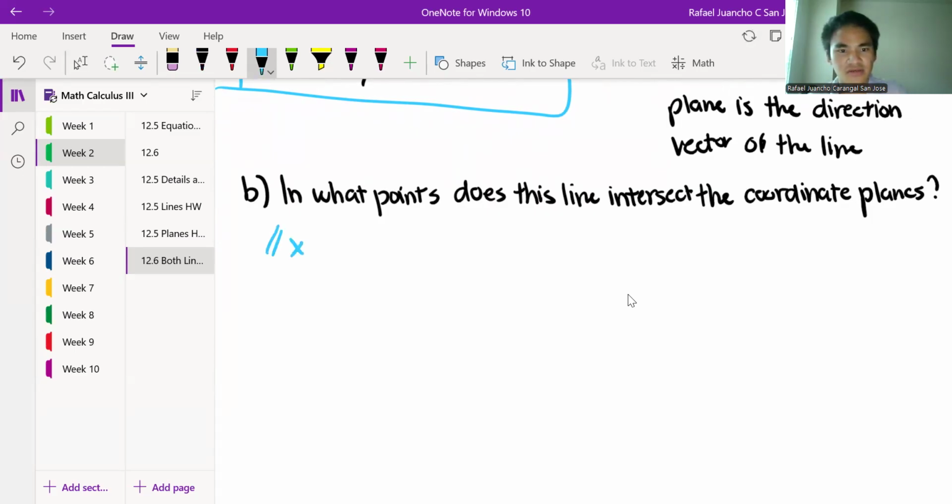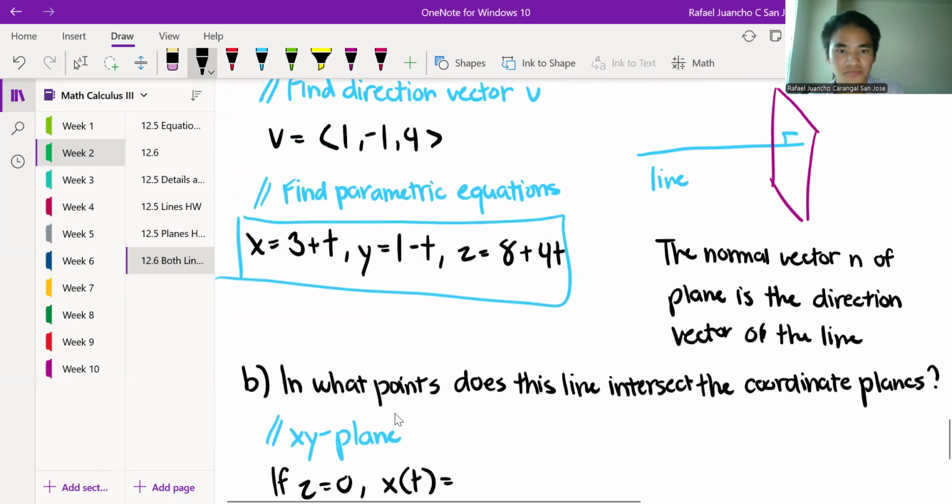So for the xy plane, what points given that line? Well, we put conditions, right? For the xy plane, z is 0. And if z is 0, then all of the possible points that we can get is x of t is still the same, right?